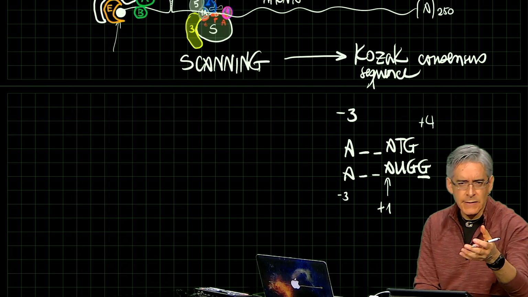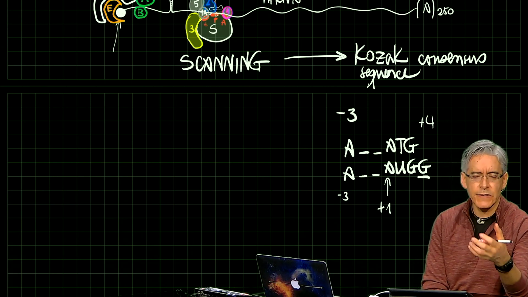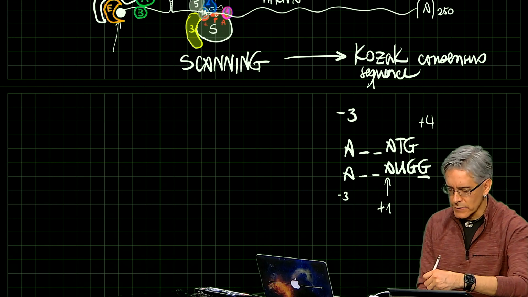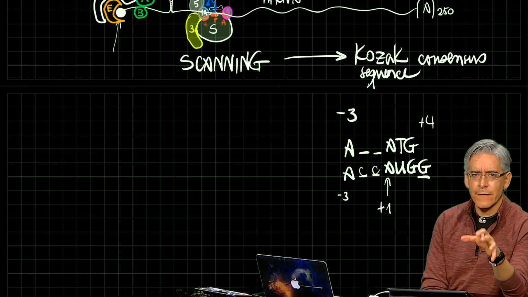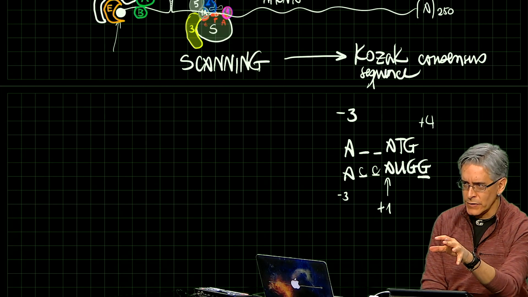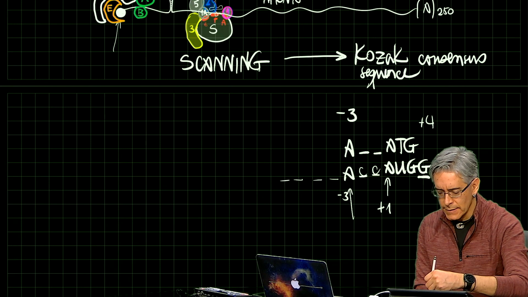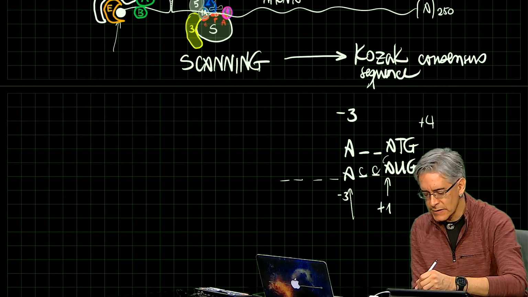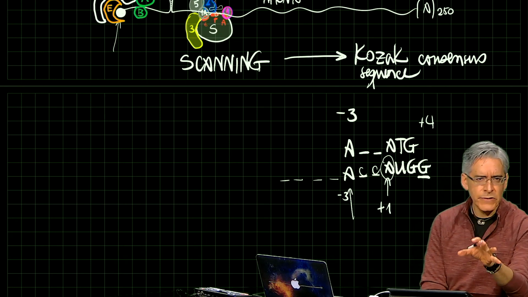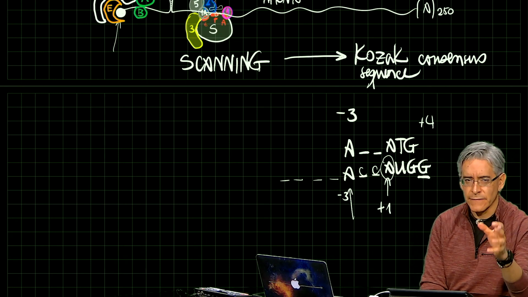And then sometimes there are other sequences that also facilitate the recognition of the Kozak consensus sequence. So there is a CC that is frequently found in between the A and the AUG. Then there are other sequences further upstream from the translational start site that also seem to play a role, but they are less critical in the recognition of the start site.